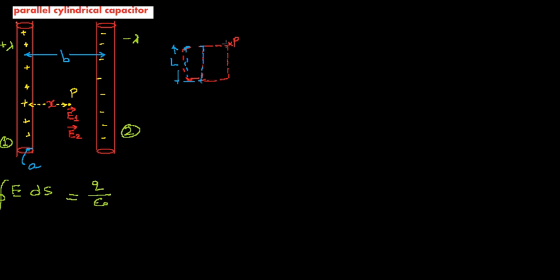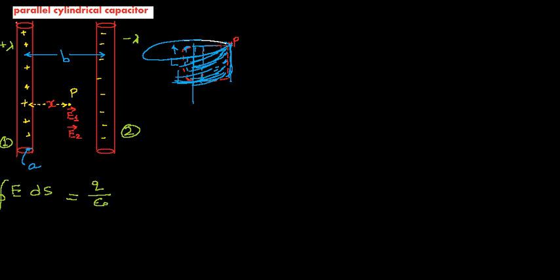If you rotate this line along this axis, you will form a cylinder, and this is the surface area. So how much surface area are you going to get? The total circumference times the length is the area.